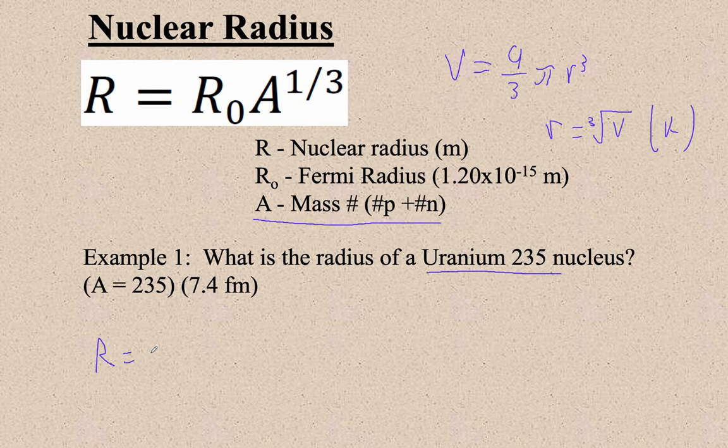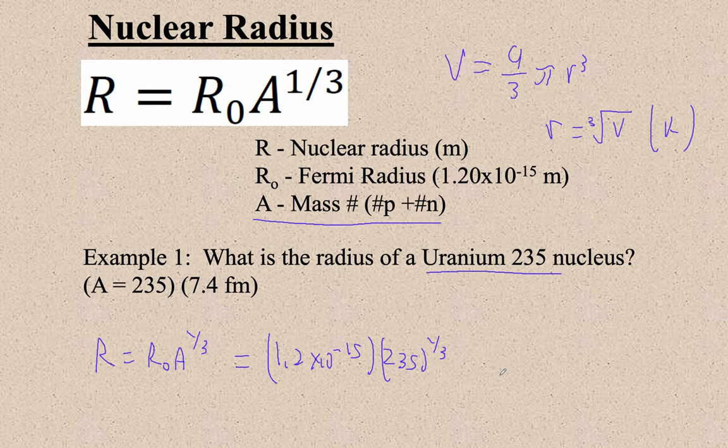Our radius is R0 times the mass number to the 1/3. So that's 1.2 times 10 to the minus 15th times the mass number, 235, to the 1/3. We can do this.